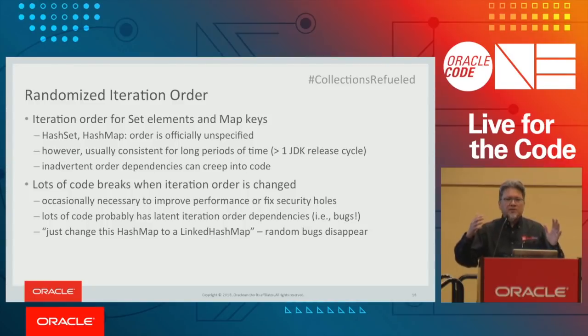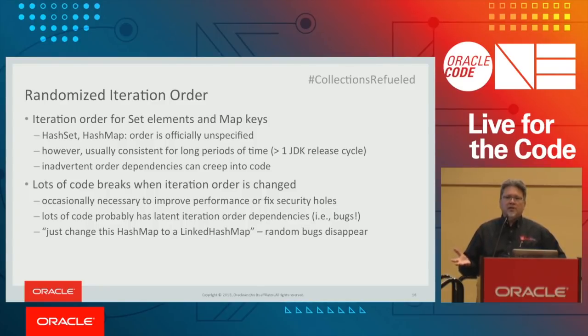So the goal here is to toughen up client code, to flush out any iteration order dependencies that code might have before it gets into production. Now, if you do have code that depends on iteration order, then you can use a list. List does not modify its iteration order. Inherent to a list is that they're in a particular order.